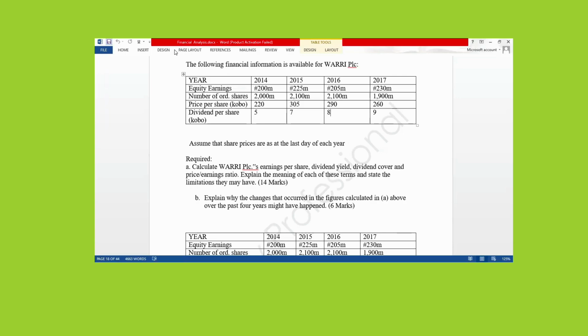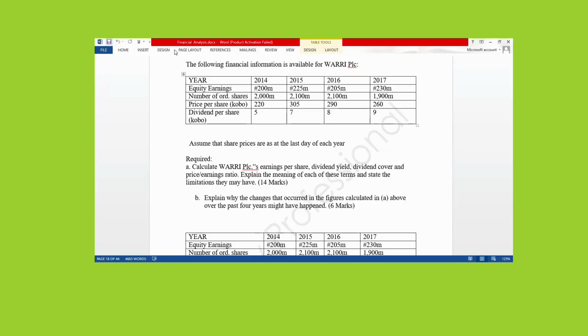We also discussed investors' ratios, ratios that evaluate the extent to which shareholders' wealth is maximized.